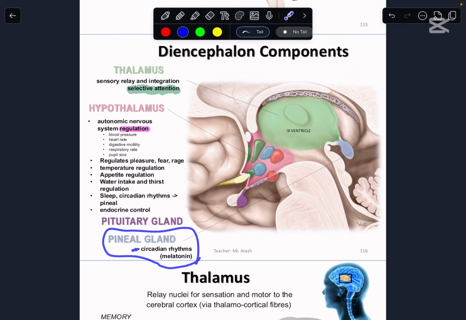Circadian rhythm essentially is a rhythm that generates our sleep pattern. It's originally generated by the pineal gland, or the pineal gland is part of its production. But from a regulation perspective, as you can see, the hypothalamus is the one that does that. So it has mostly regulatory functions. And finally, it acts to regulate endocrine control as well.